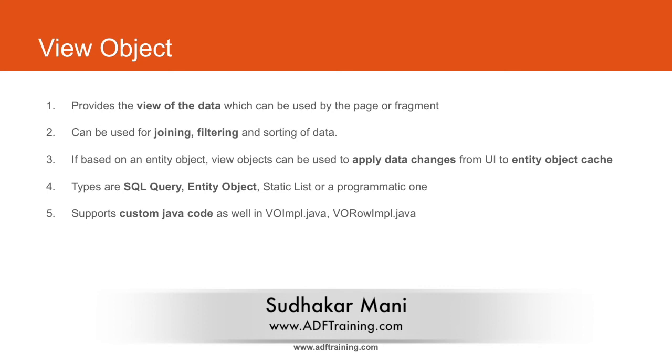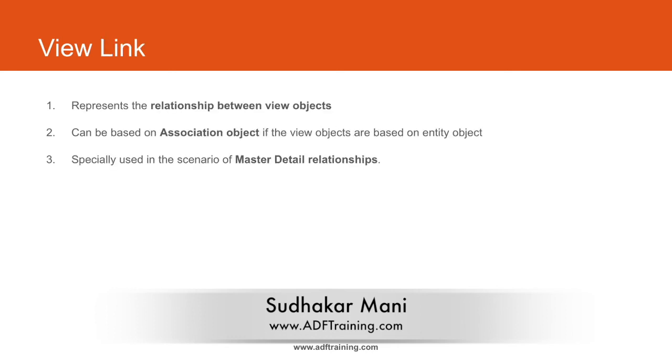From there it goes to the DB. A typical view object is based on a SQL query or an entity object, very rarely based on a static list or a programmatic one. This also supports custom Java code. You can write in ViewImpl.java if you want to do it at the view object level. If you want to write code at view row level, then you have to use the ViewRowImpl.